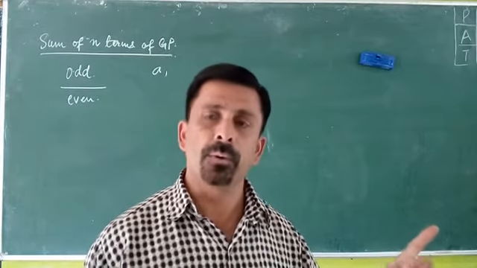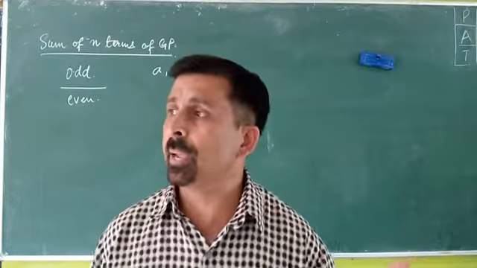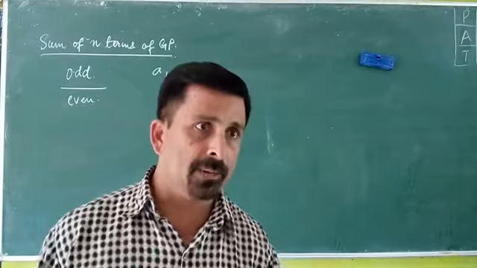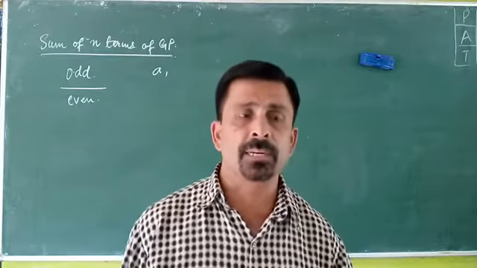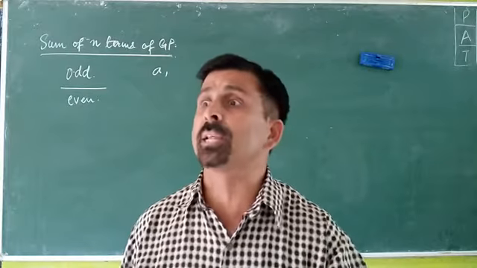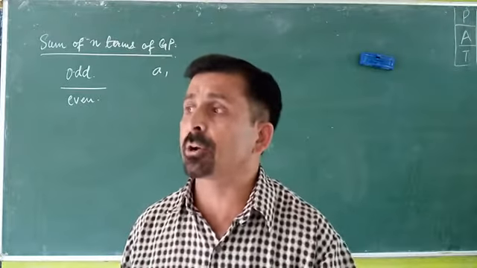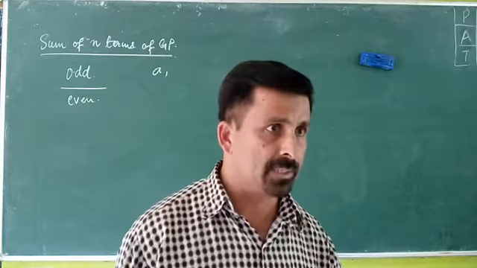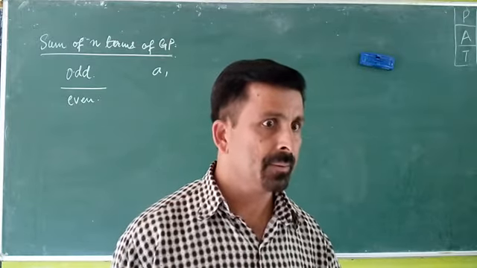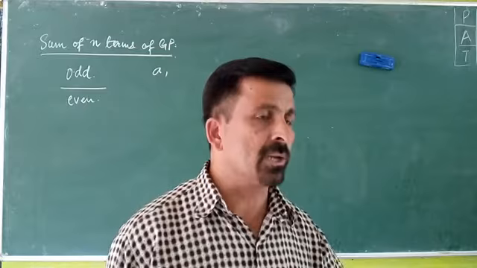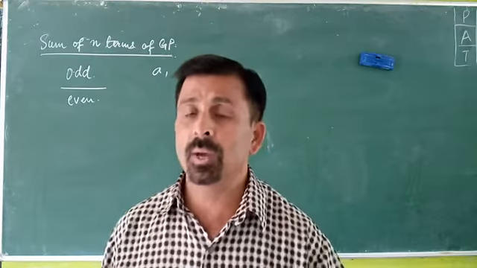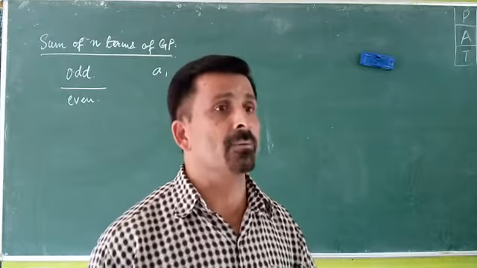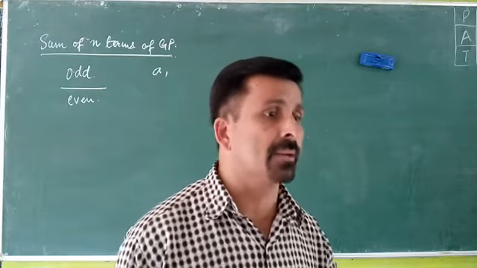That is why I am taking it back. What we did before, while doing AP, we fixed the middle term, and then the succeeding and the preceding term were calculated by adding the common difference and by subtracting the common difference. Understood? Yes, sir. In case of AP, the terms are calculated by addition or subtraction, whereas in case of GP, the terms are calculated by multiplication and division.